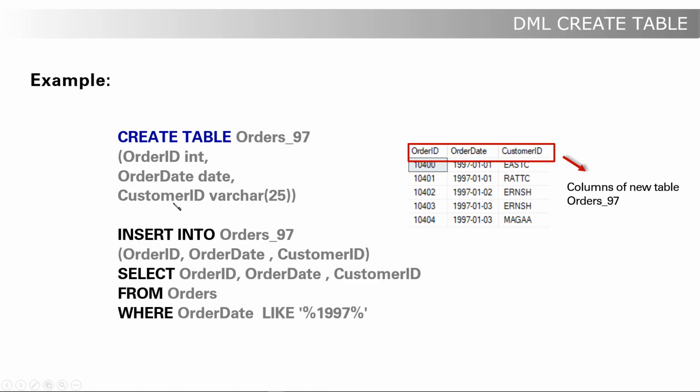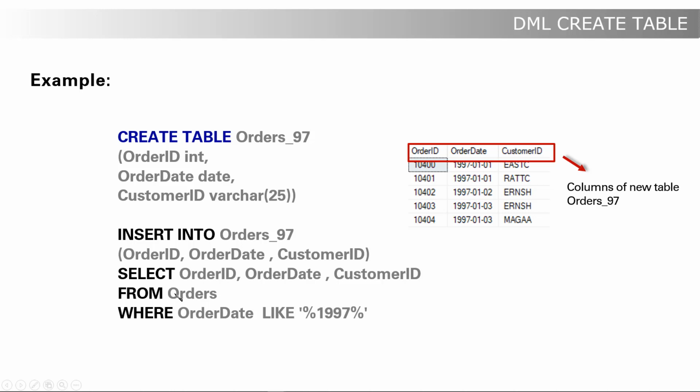Now we only created the columns. So we want to insert into the new table we just created, orders 97, and we write the columns that we want to enter the values to: order ID, order date, and customer ID. Here we write a query that extracts the specific values that we want from the existing table.